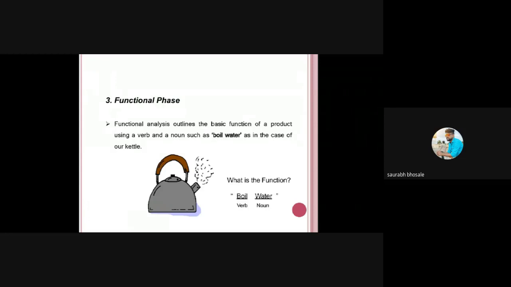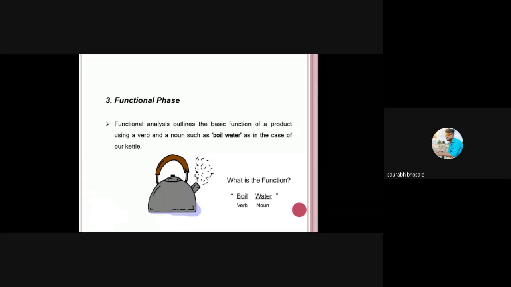Then we have to determine the verb noun description of the functions. Then we have to establish the cost function proportion.